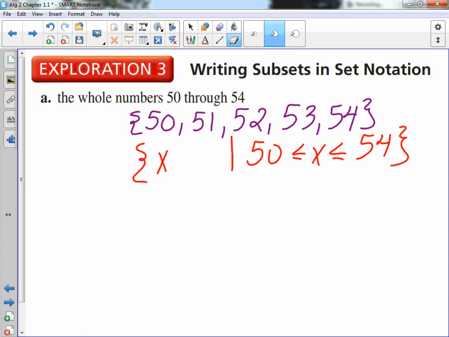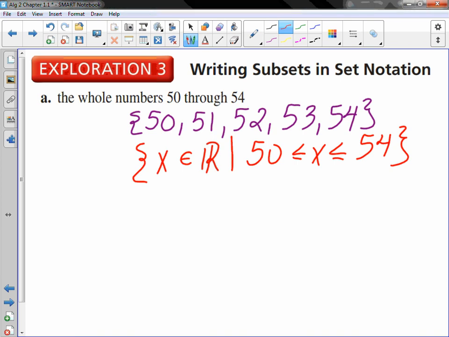But we can write it and say that it's an element, well, put the eraser down. It's an element of the real numbers such that 50 is less than or equal to x is less than or equal to 54. So now we've listed any and all numbers between those. Can you all see these here? And once we get done with this chapter, this stuff is not going to come back up again. Okay?